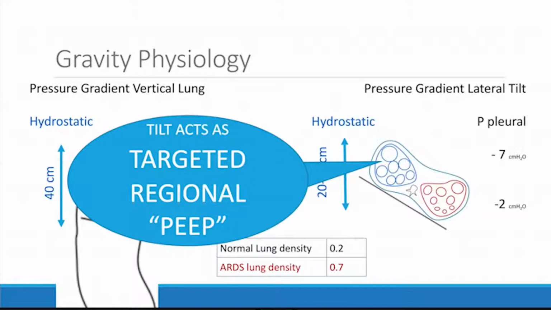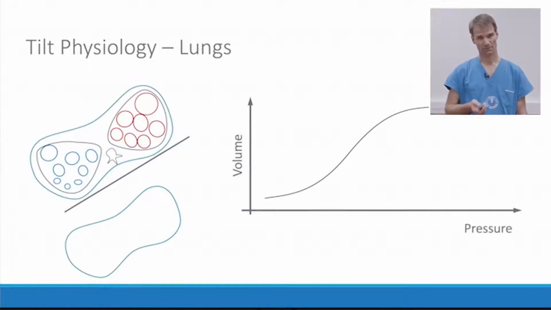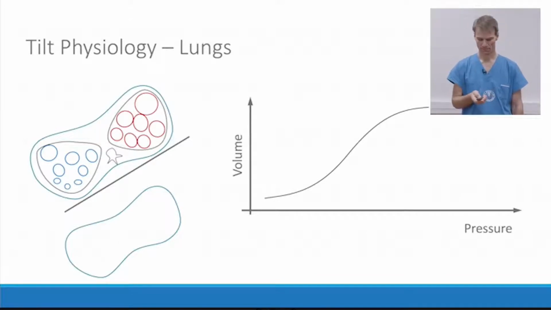Maybe PEEP, maybe transpulmonary, whatever you want, but it's a change in pressure, targeted, in the order of 5-10 centimeters water. This is a lot more than we had expected. Now, another implication is the change in pressure. We spoke about distension. Now, how about ventilation? What happens with ventilation and ventilation distribution?